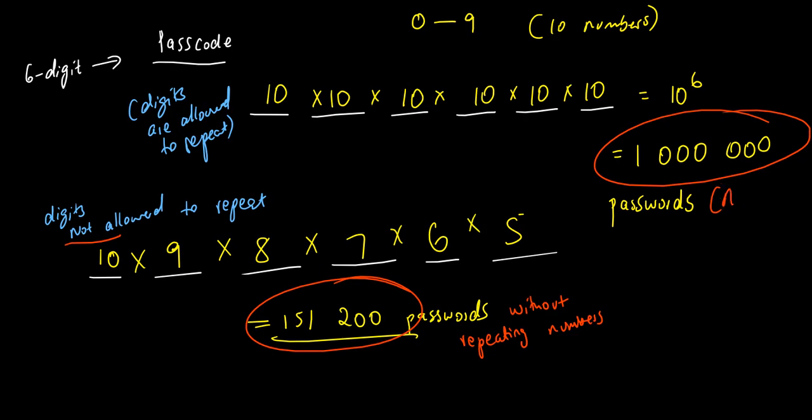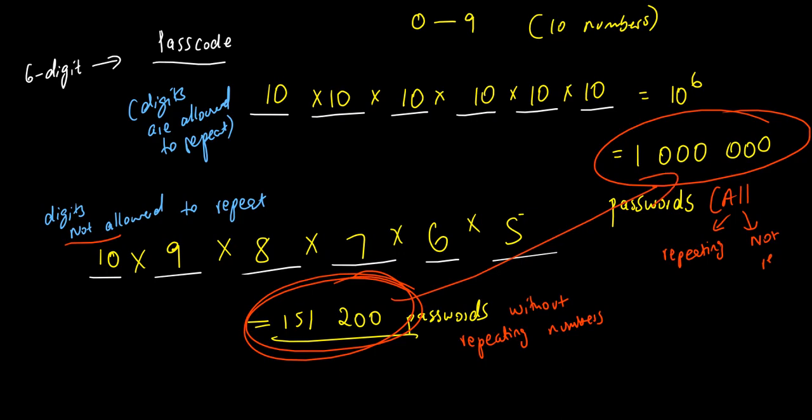When I'm saying all, I'm saying these passwords contain the ones with repeating digits and the ones that are not repeating. And the ones that are not repeating are part of the 1 million. So if you say 1 million minus this one, the answer you're going to get is the passwords with the repeating digits.